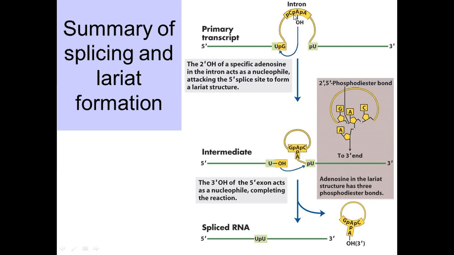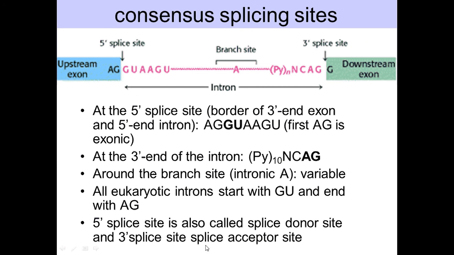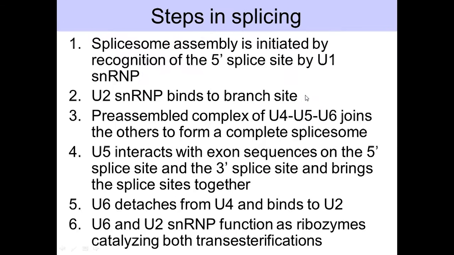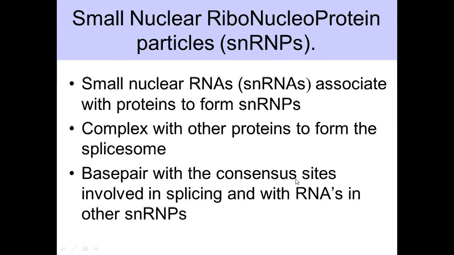This adenine over here gets displaced because of U2. U2 does base pairing with the sequence at the 3' splice site, or the splice acceptor site, and the base pairing is a bit slanted over here, so this adenine is kind of free.